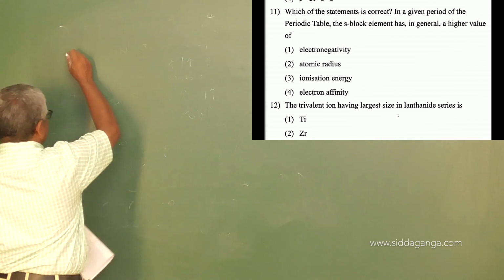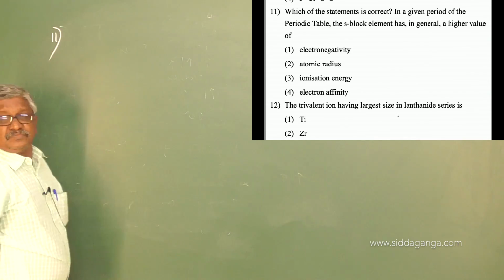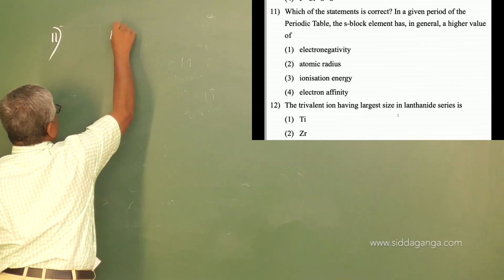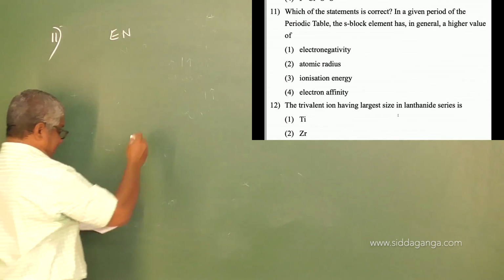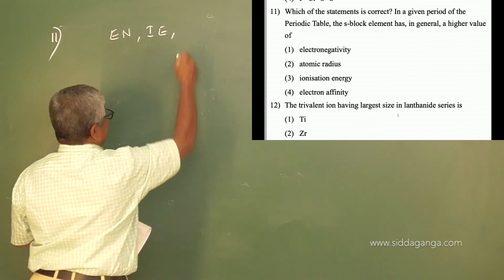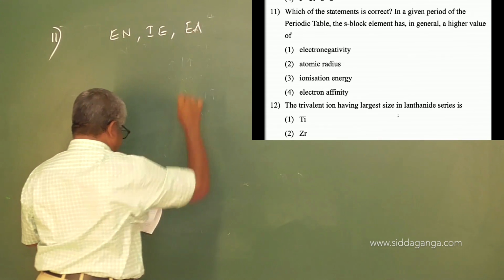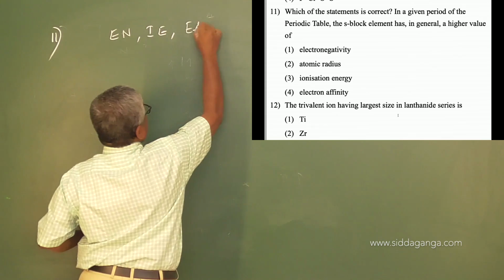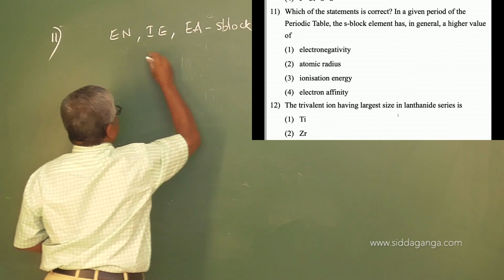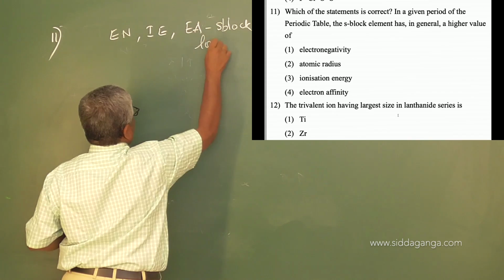Now question number 11, electronegativity, IE ionization energy, then electron affinity of S block is low value.